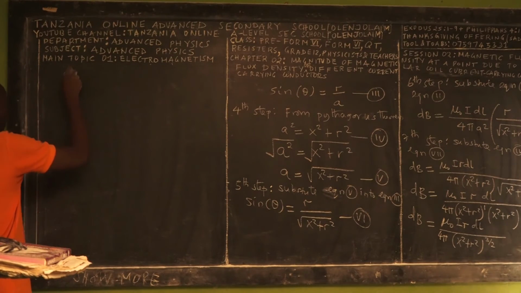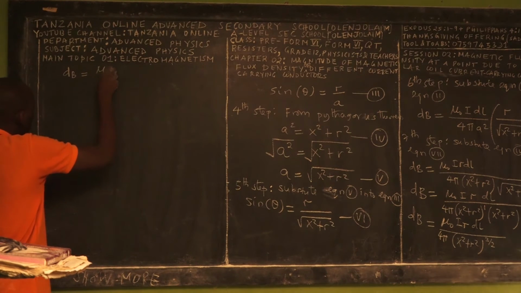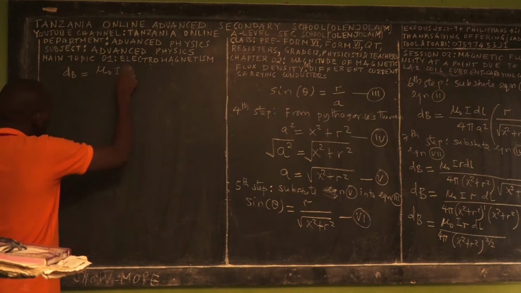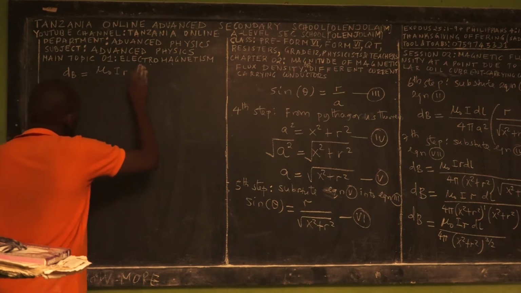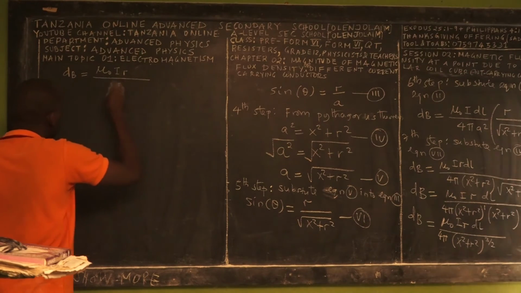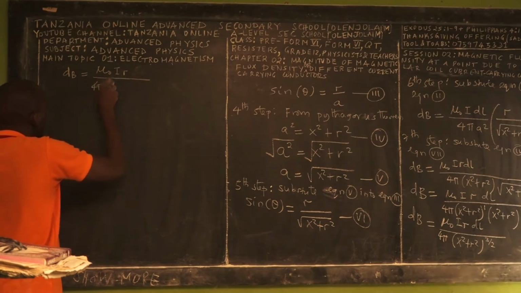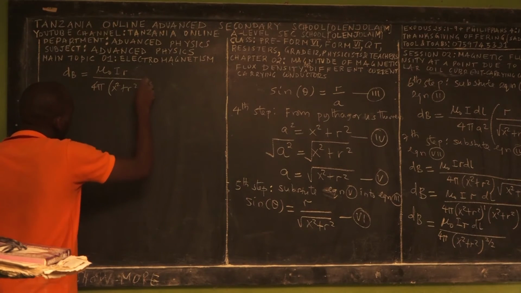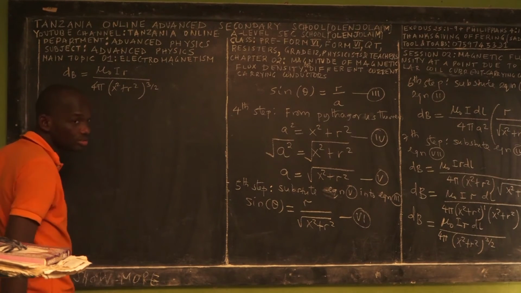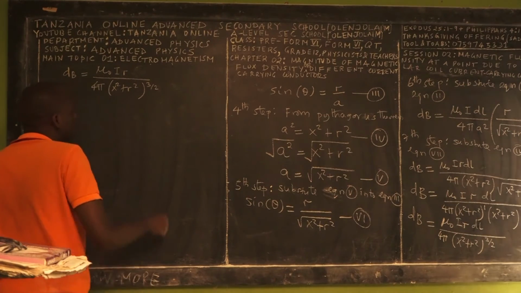So then, small change in magnetic flux density is equal to permeability of free space, then current times radius, then dr, over 4 pi, then x square plus r square power 3 over 2, or 1.5 in other words.